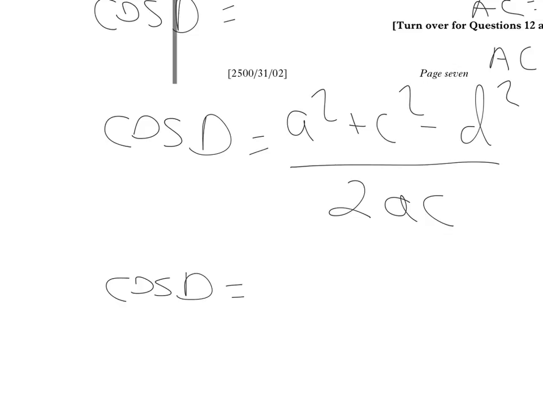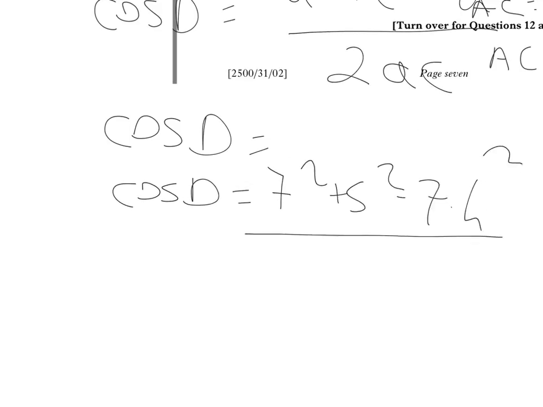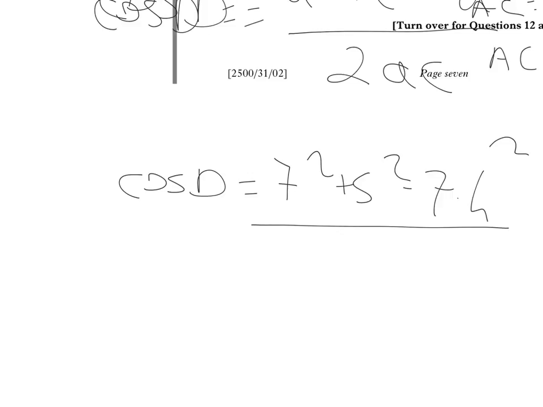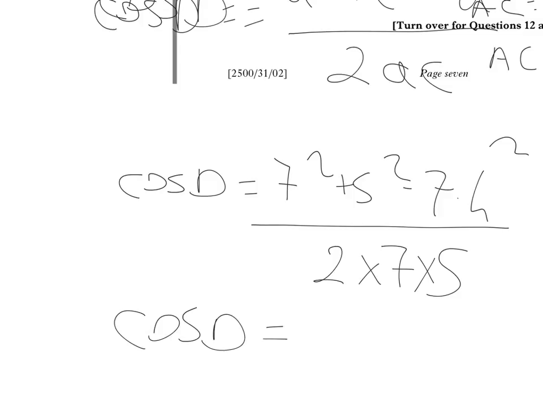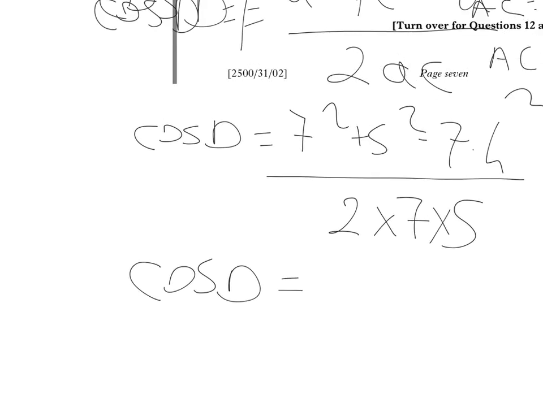So cos D is equal to 7 squared plus 5 squared minus 7.4 squared all over 2 times 7 times 5. So I'm just going to enter that into the calculator.